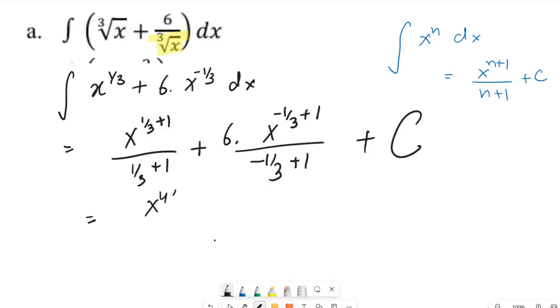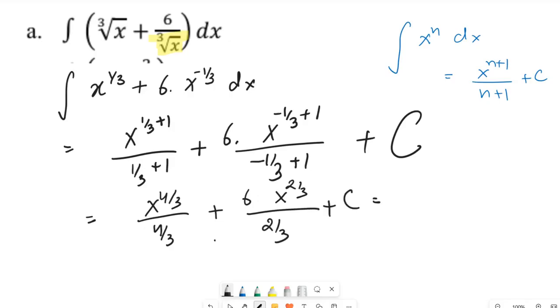So we have x to the power 4/3 by 4/3 plus 6, x to the power negative 1/3 plus 1 is 2/3, divided by 2/3, plus c.